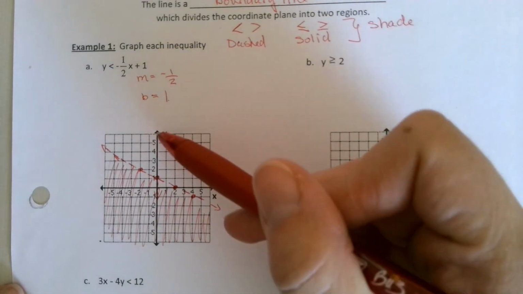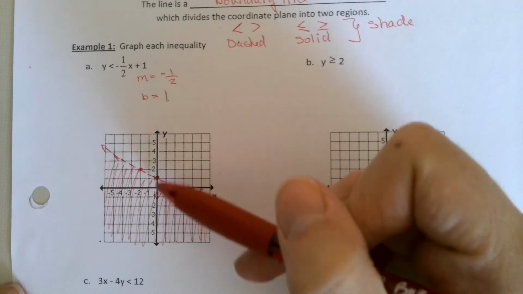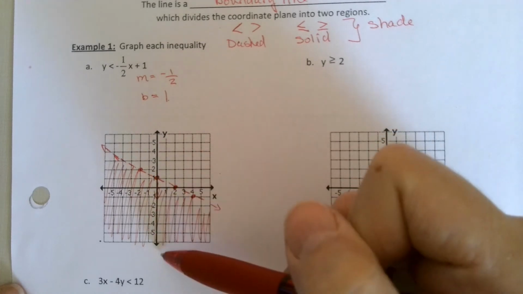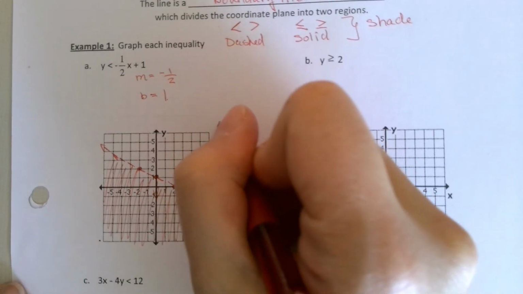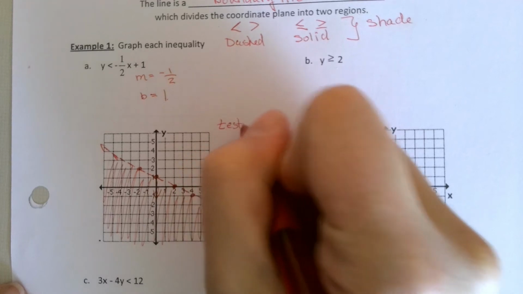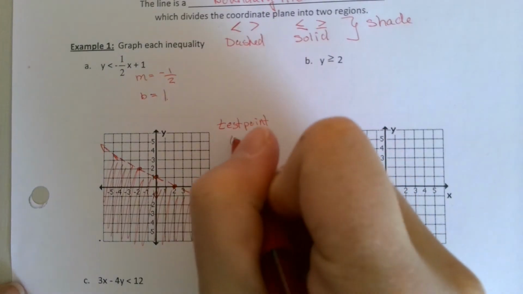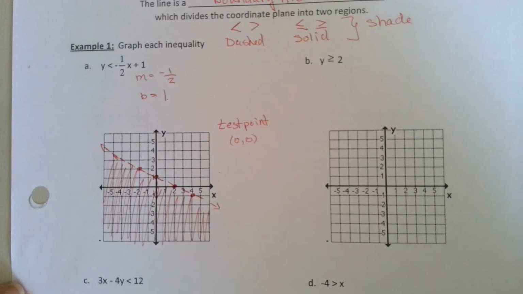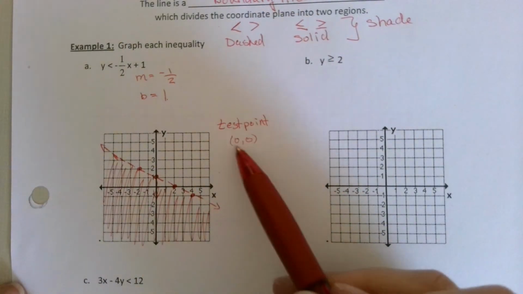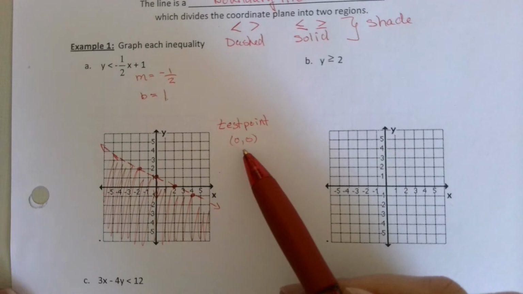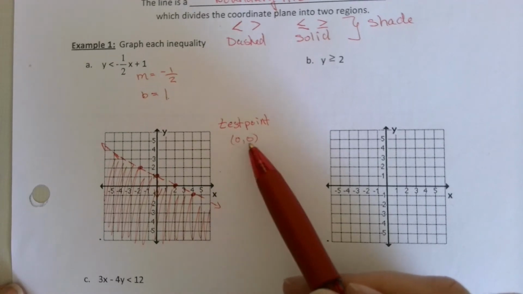So I can use my y-axis as a number line, greater, less than. If you don't like that, you can go back to your test points that you've done before. And the easiest test point is 0, 0. So if I'm comfortable shading, I don't need to use a test point. If I want to double check myself, go ahead and use that test point of 0, 0.